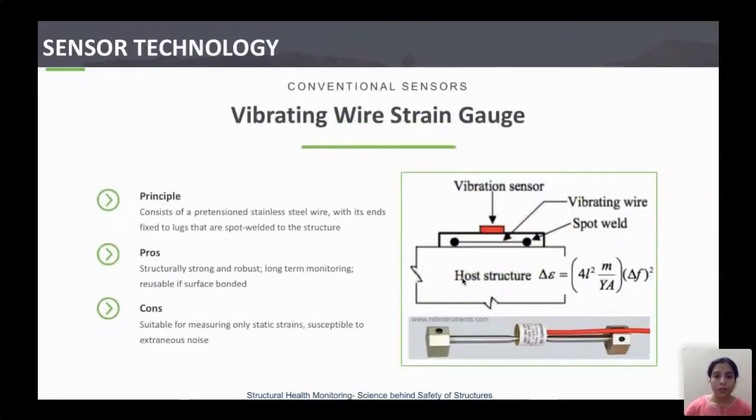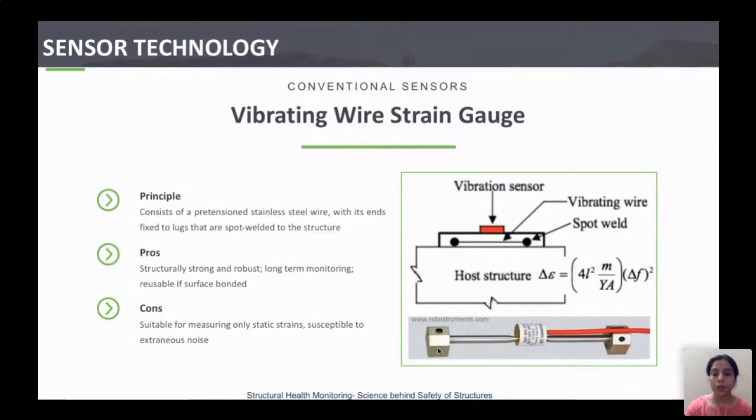Another type of sensor which is used for strain measurement is the vibrating wire strain gauge. They are very robust and they are very frequently used for strain measurements in site applications. So this is how it looks. Here you can see the ends of this sensor, which are attached to the structure. It is surface bonded.